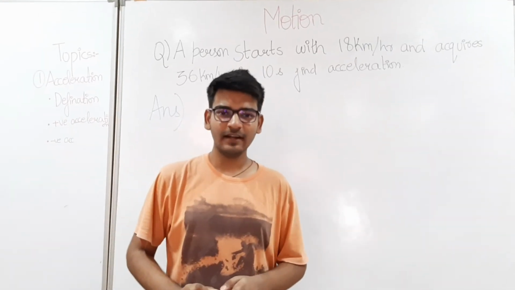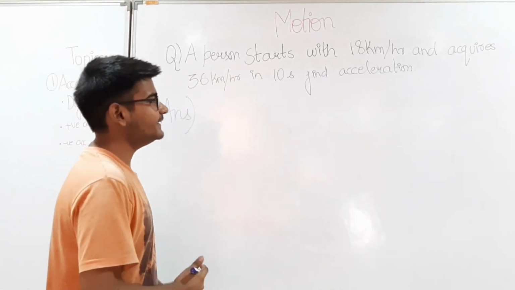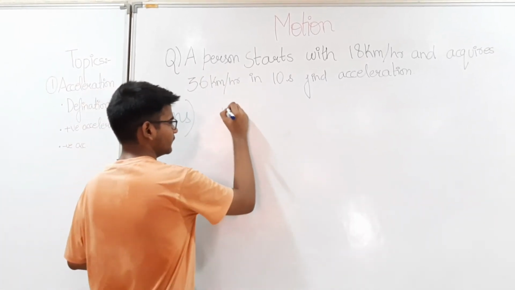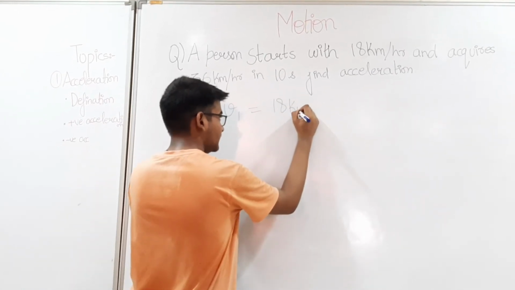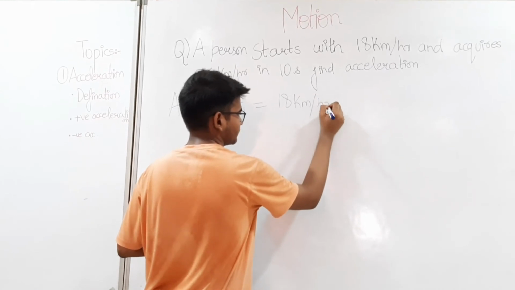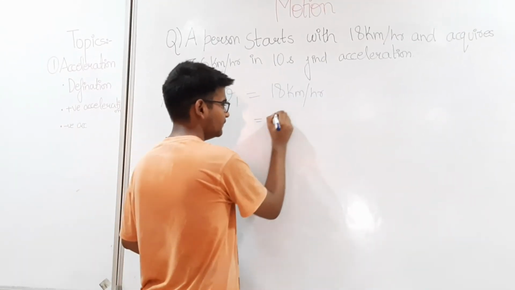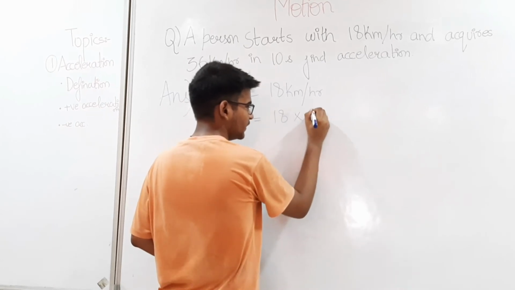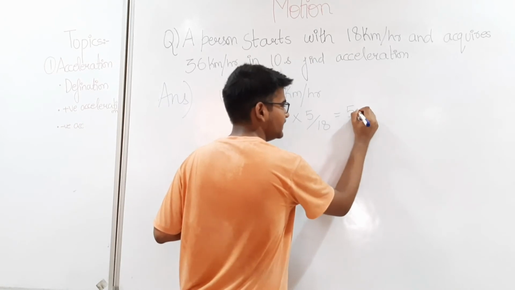Our next numerical is: a person starts with 18 km per hour. v1 is equal to 18 km per hour. Using the trick I have told you earlier, it will be 18 into 5 by 18, that will be 5 meter per second.